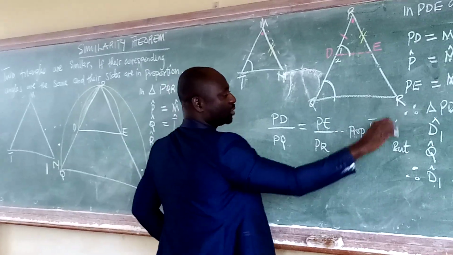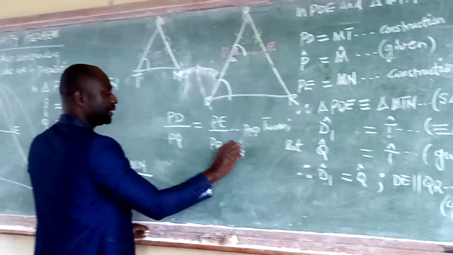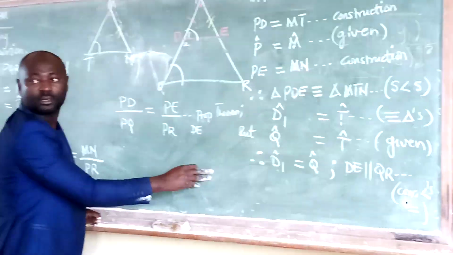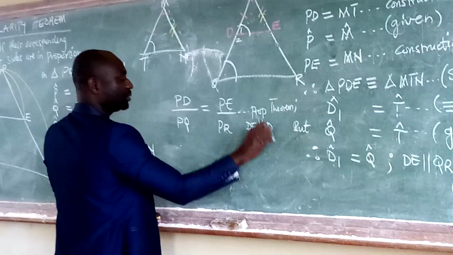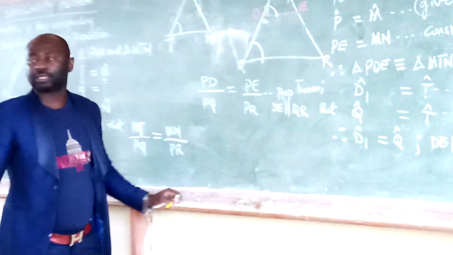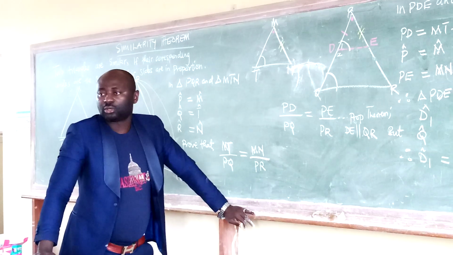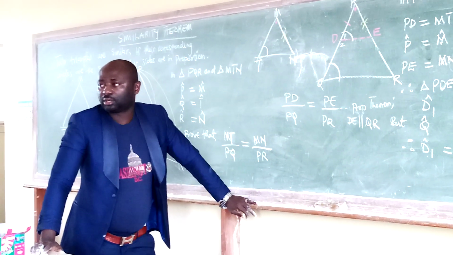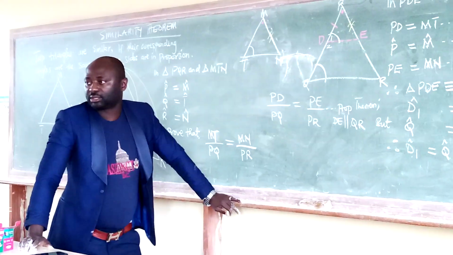The reason is what? Proportion theorem, because what? The line DE is parallel to which line? QR. You get that? The line DE is parallel to QR. Or you can say line drawn parallel to one side of a triangle.